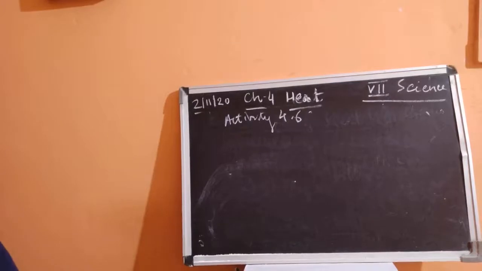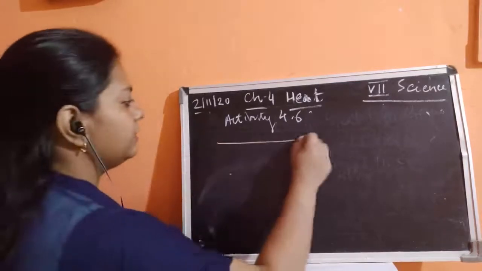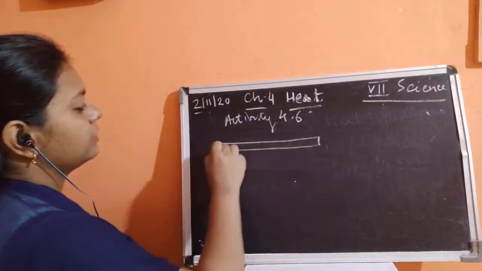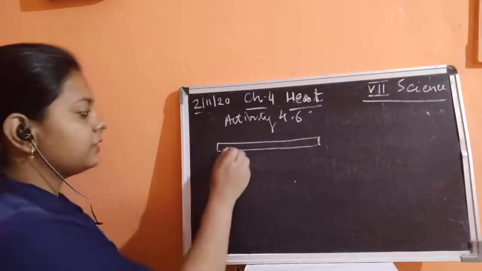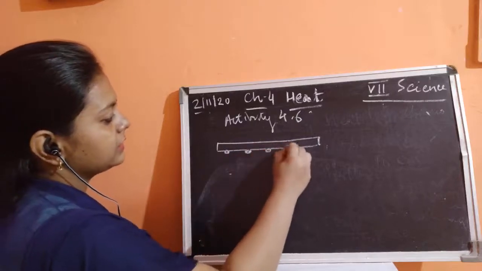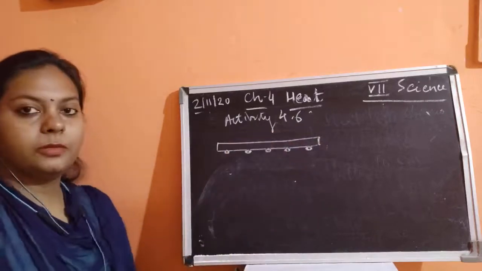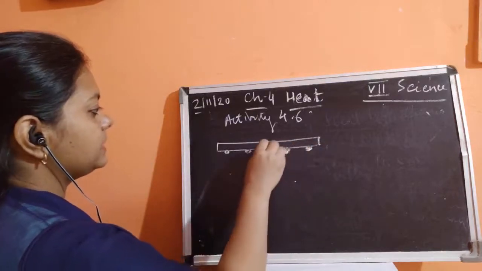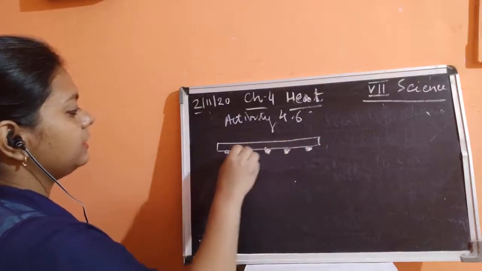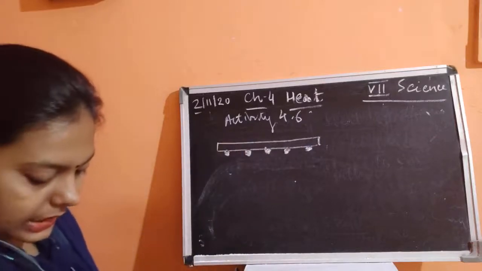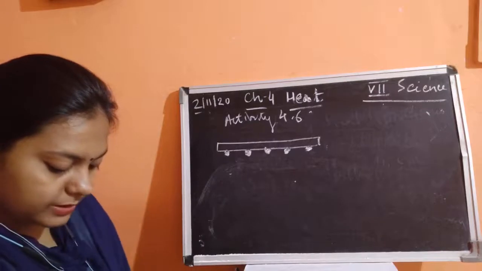ठीक है, क्या करना है हमें? एक रॉड लेनी है. उस रॉड में we will put some wax pieces at equal distance. The next thing is that clamp the rod to a stand.